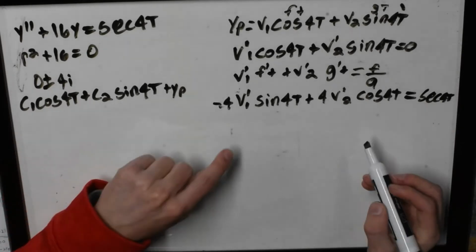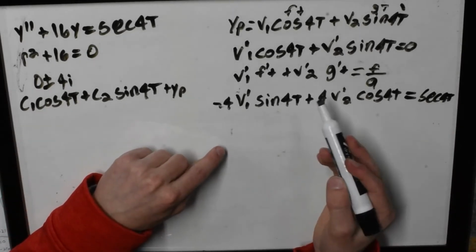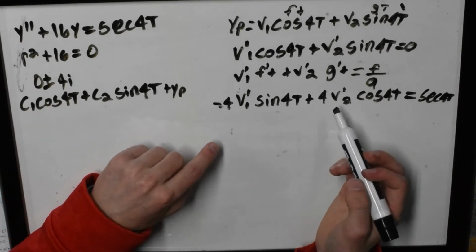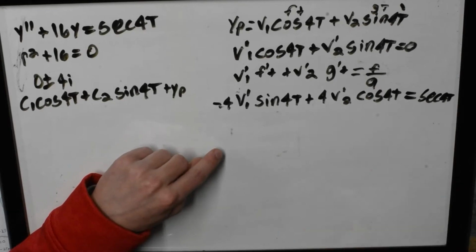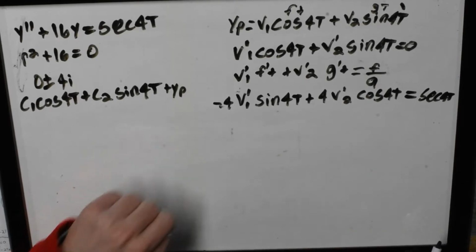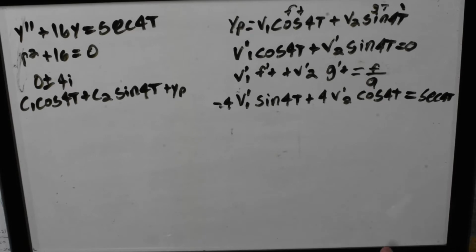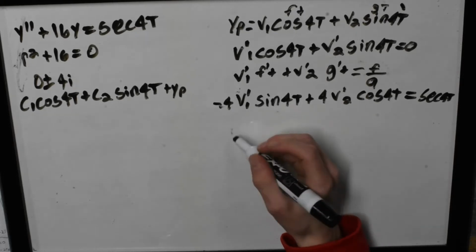And to solve for this, you have to solve for v prime 1 and v prime 2. And you can do this two ways. You can use a matrix, right, or a system of equations. And I prefer to use a system of equations because it's just easier for me. So again, I'll rewrite it here.